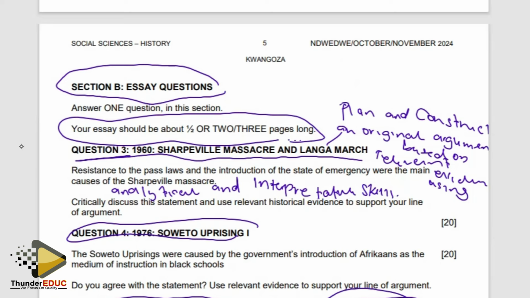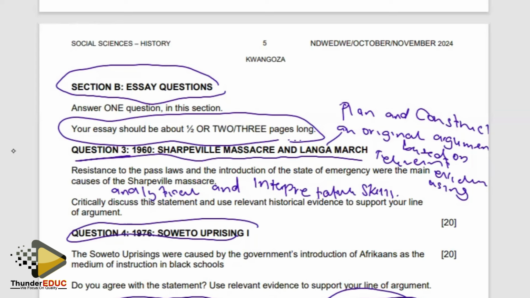Then in your body, you need to elaborate. You need to take a stance and indicate whether you agree or disagree with the assertion.